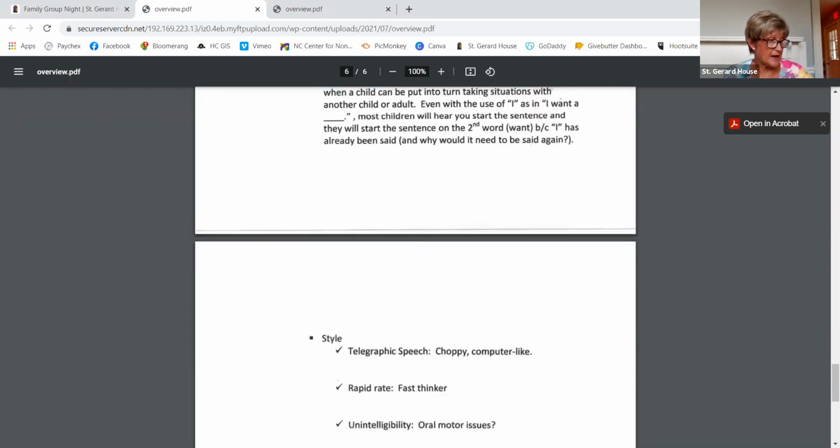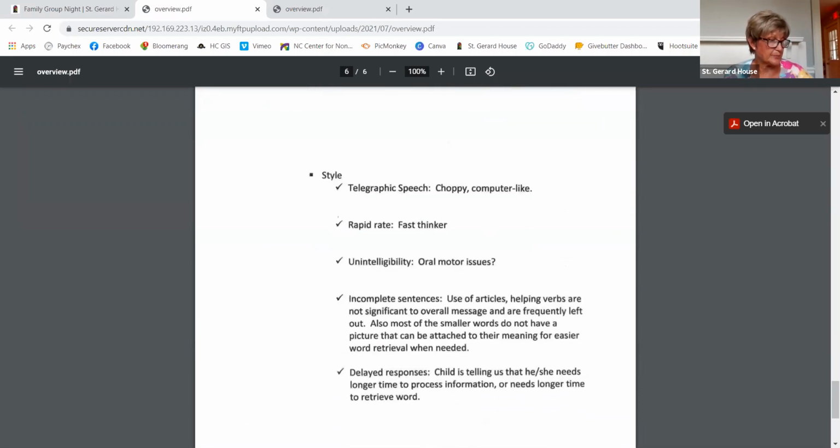On the last page, we're looking at this style, and you may see this with some of your kids: a telegraphic speech pattern, which is choppy and kind of computer-like. The rapid rate, which can be the fast thinker. Unintelligible speech, which has the oral motor issues.